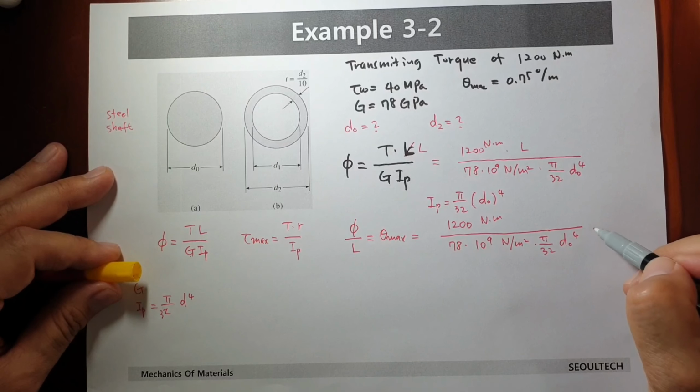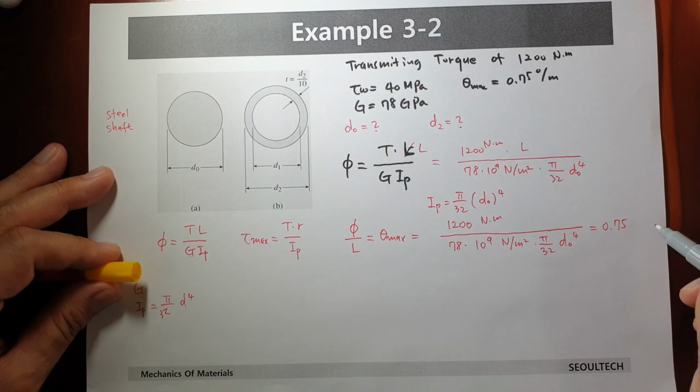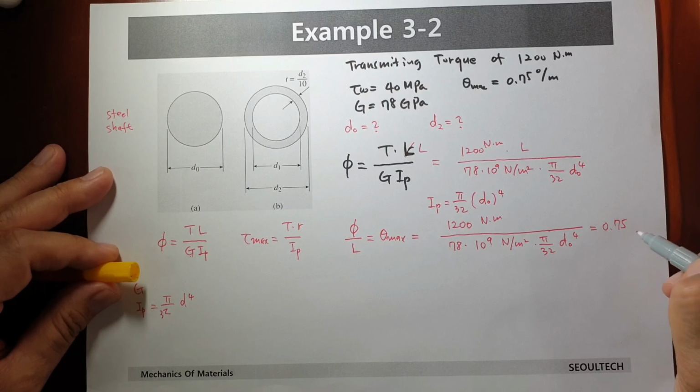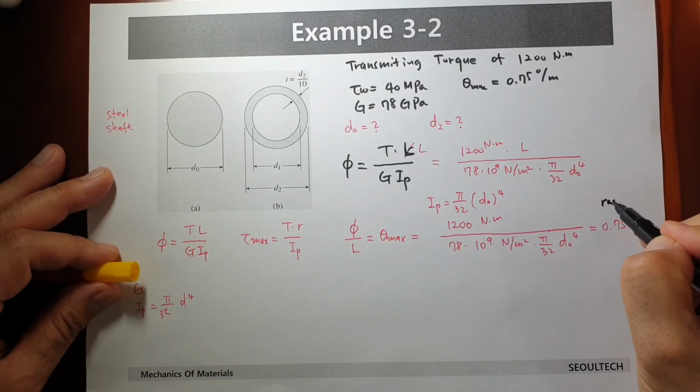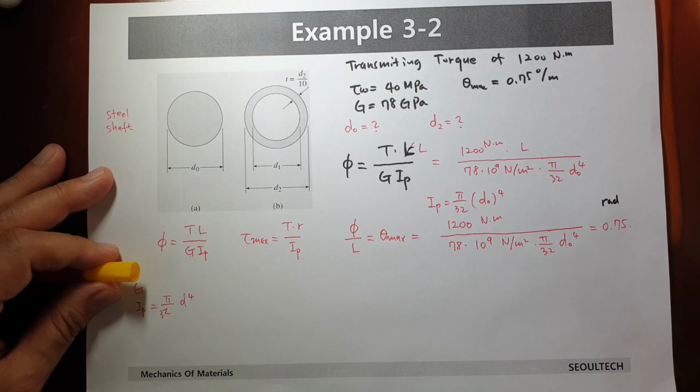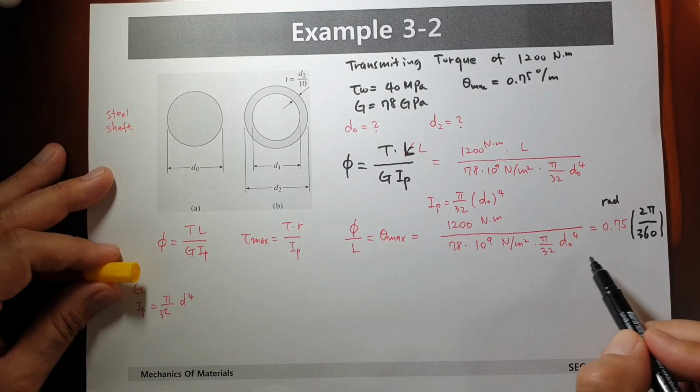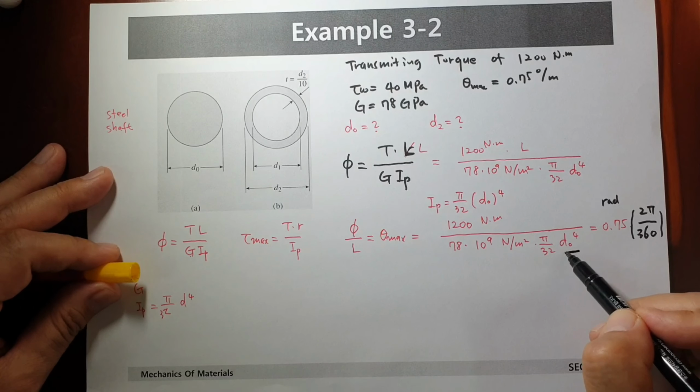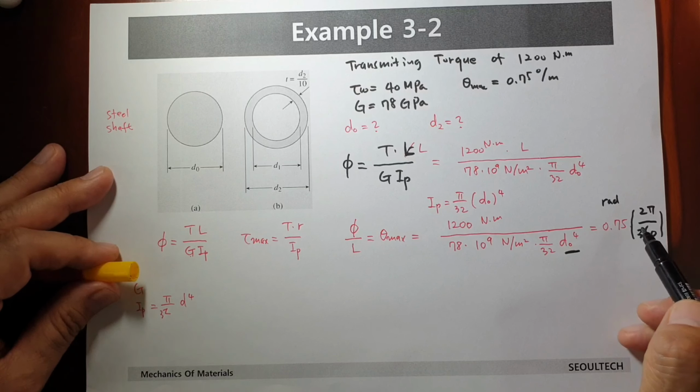This one is given as 0.75 degree per meter. And this degree, normally we use radian, so it should be converted. Normally 360 degrees is 2 pi, then you can convert to a radian value. Then we have this relationship, everything is known, and finally you can calculate D0.